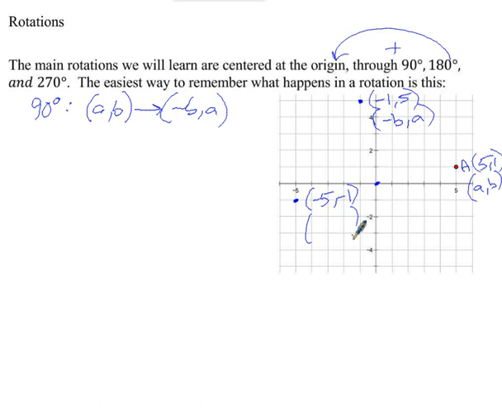Negative A, negative B, that's right. So for 180 degrees, A comma B becomes negative A, negative B. And what that means is you're just changing the signs of your x and your y coordinates.